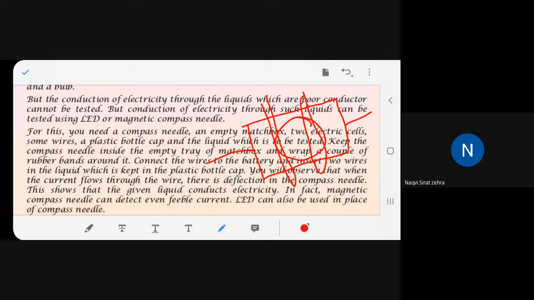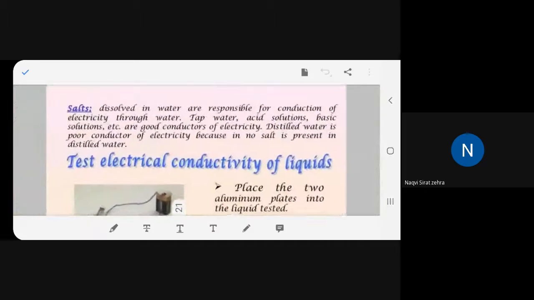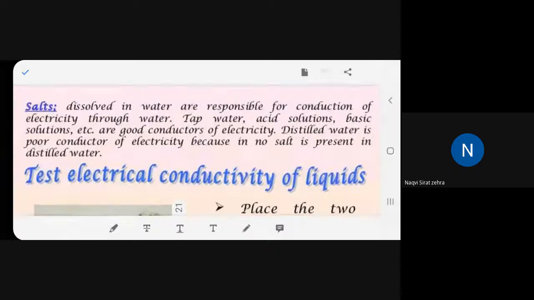That shows very clearly that the liquid that you are testing conducts electricity. This magnetic compass needle is very useful because it can detect even a small current passing through. And instead of the compass needle, we can also use LEDs. Understood, beta? Did you understand?